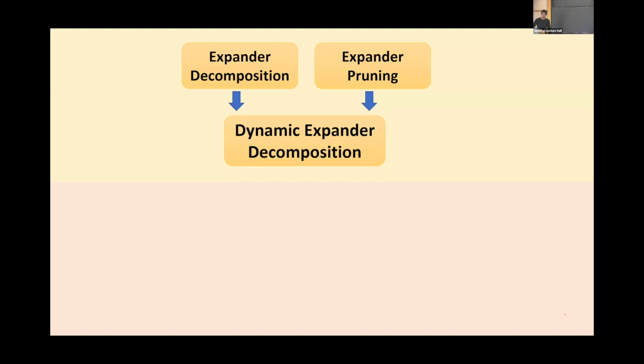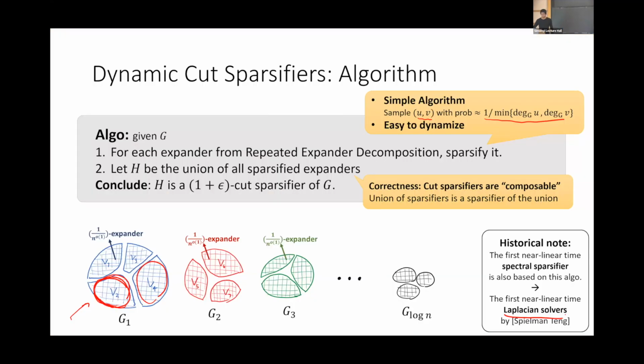Okay, so to conclude about this application, the Spielman-Teng paper in 2004 was the first one to use this approach: decompose into expanders and sparsify each expander. So what I showed you is that this first idea actually works seamlessly in the dynamic setting.